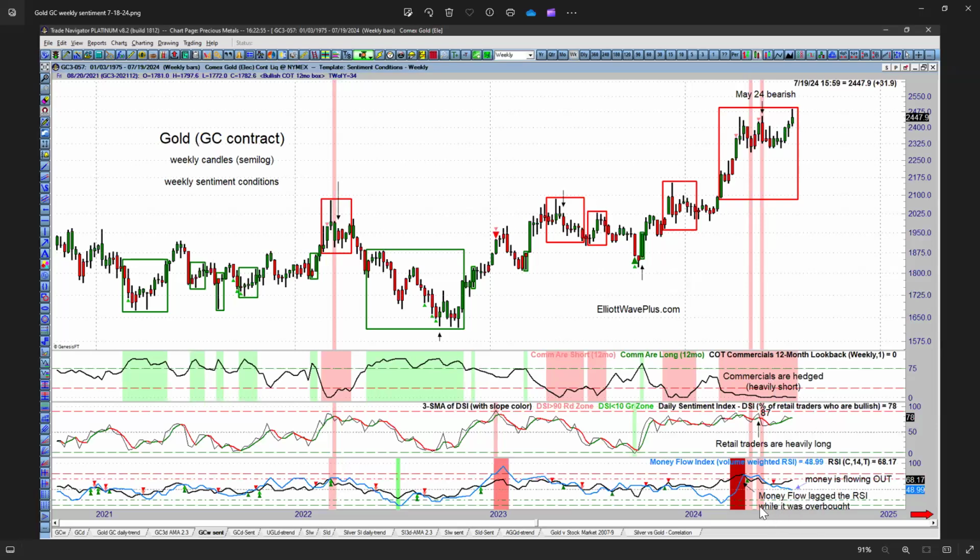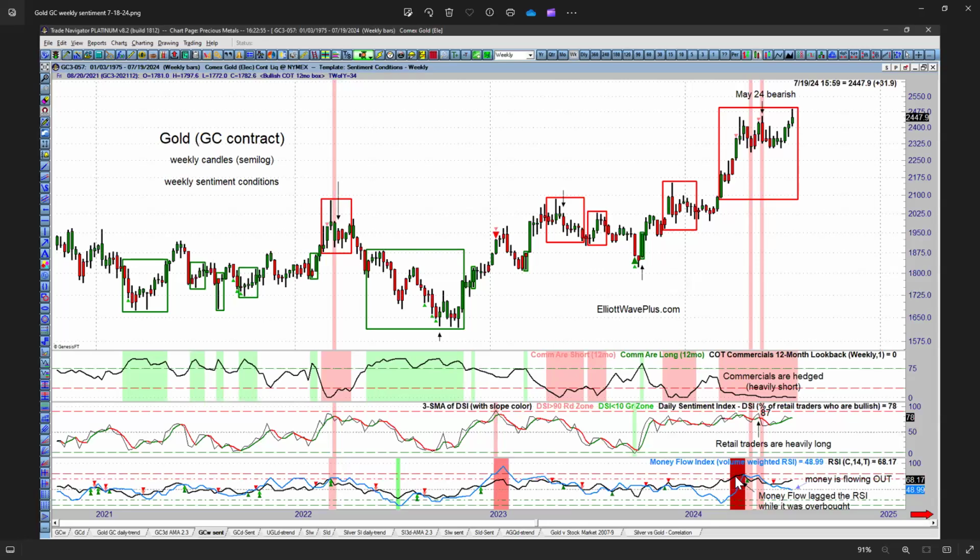The reason is also that we are just off of one of these dark red stripes. On the money flow versus RSI, the dark red zone comes in when the money flow is lagging the RSI while the RSI is in its overbought territory.